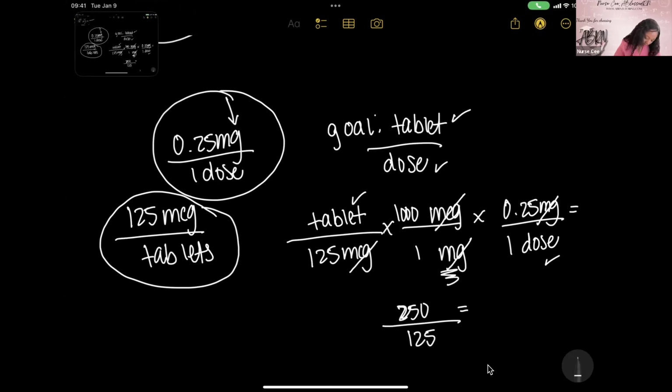So you divide the top by the bottom and you would give 2 tablets in one dose, or 2 tablets per dose, okay? Is this making sense how we're setting these problems up? Okay.